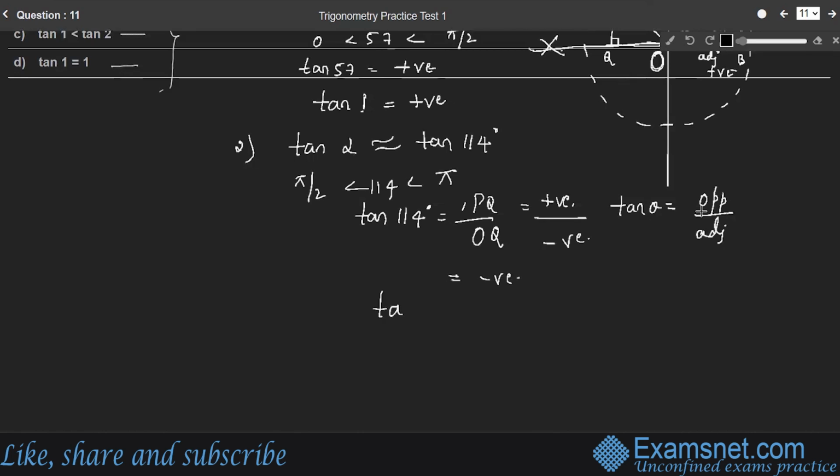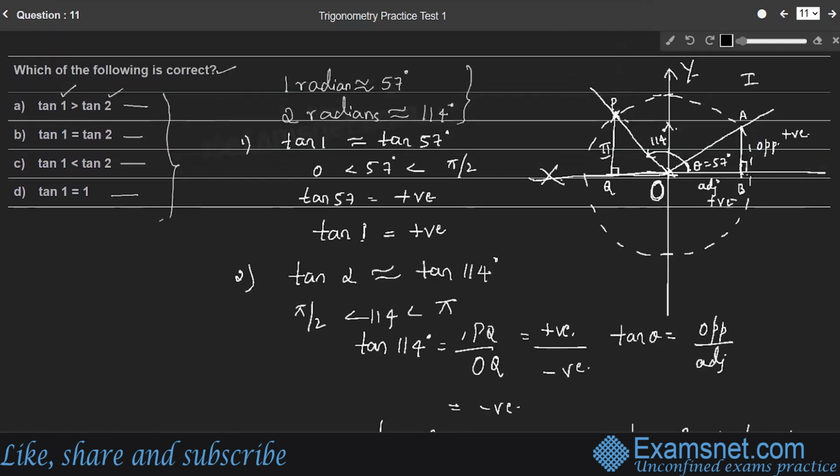That means tan 2 is a negative value, which is less than 1. Therefore, tan 2 radian is less than tan 1. The reason is tan 2 lies in the second quadrant, which has a negative value. Therefore, tan 2 is less than tan 1, or tan 1 radian is greater than tan 2. Right? So option A is the right answer.